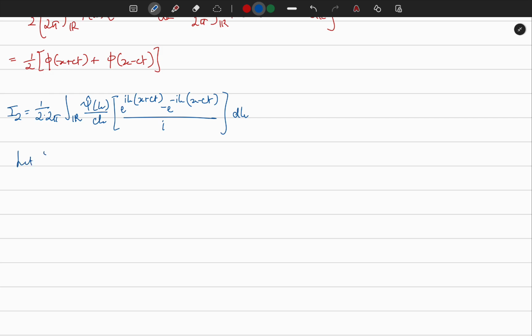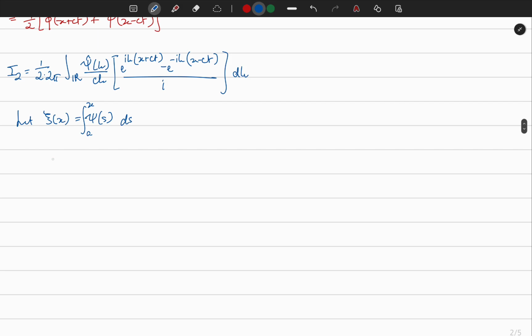We'll let capital psi of x be equal to the integral of psi of s ds, integrated from a to x, such that if we take the derivative with respect to x, we'll get that capital psi prime of x is simply psi of x, our original thing. But now we want to Fourier transform both sides.